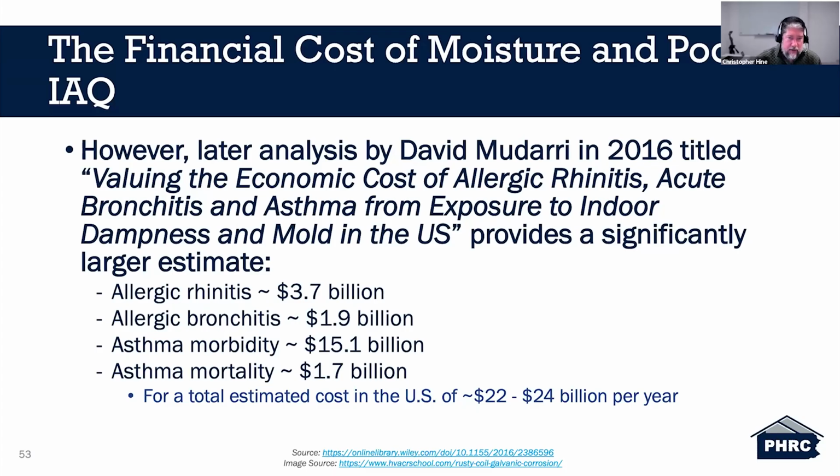Allergic bronchitis, $1.9 billion. Asthma morbidity. So morbidity is the condition of suffering from a disease or medical condition. So that's having asthma. So it's costing $15.1 billion for having it, and then asthma mortality, which is death by that condition, at $1.7 billion.